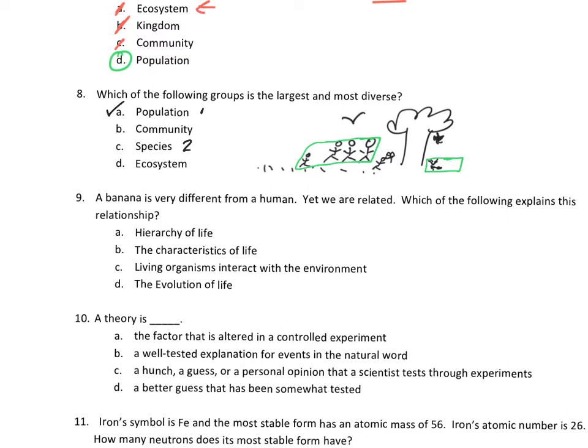Right, so a species is humans in a forest, but there's also humans way over here in the city, aren't there? Right? There's humans over here in the city far away.